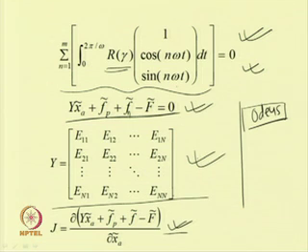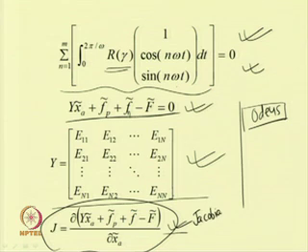So, while using this Newton-Raphson method, one requires this Jacobian matrix, which is to be evaluated in each iteration.